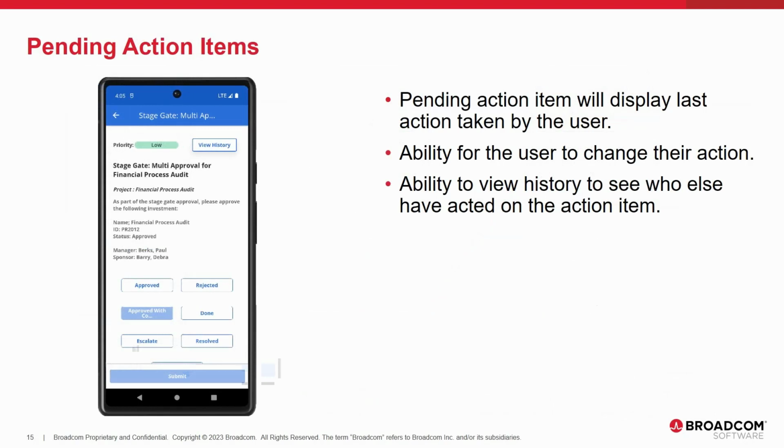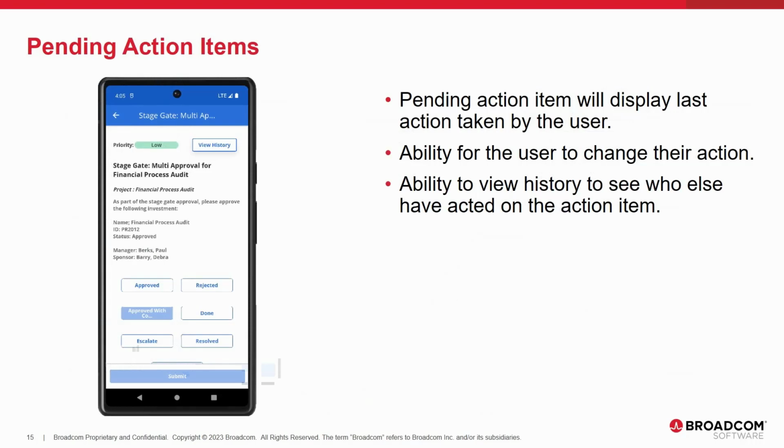The user also has the capability to view any action items that they have acted on but is now pending on others to take action on. Those action items are available for the user to make any necessary changes if they choose to do so, which is similar to what they can do in the UX.